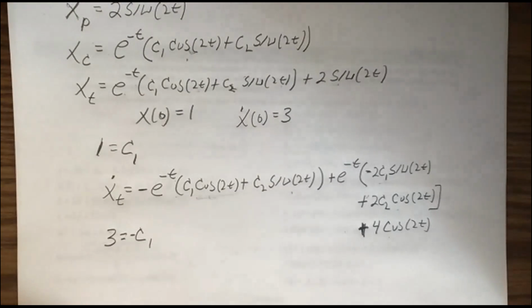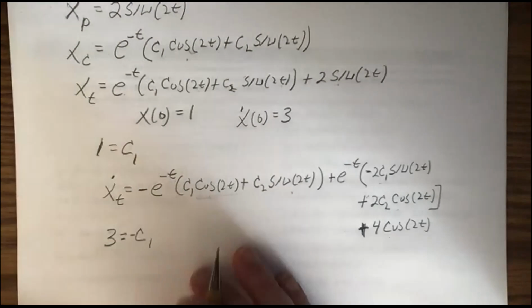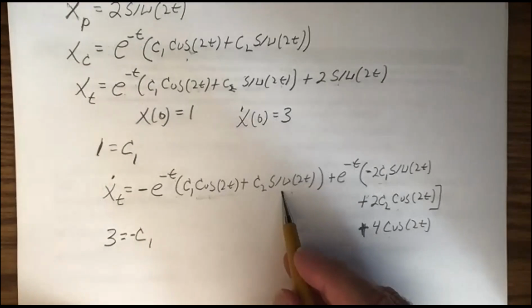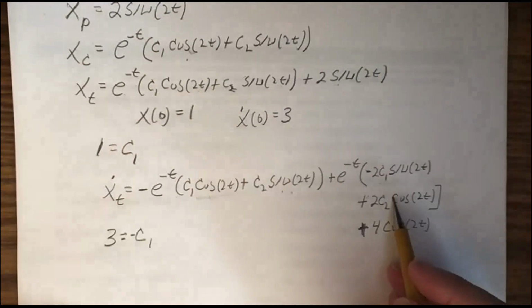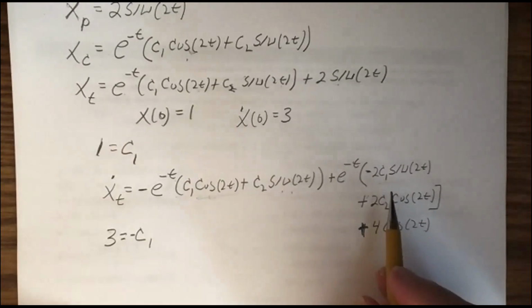Okay. So now when I put 0 in here, this is 3. C1 is equal to 1.